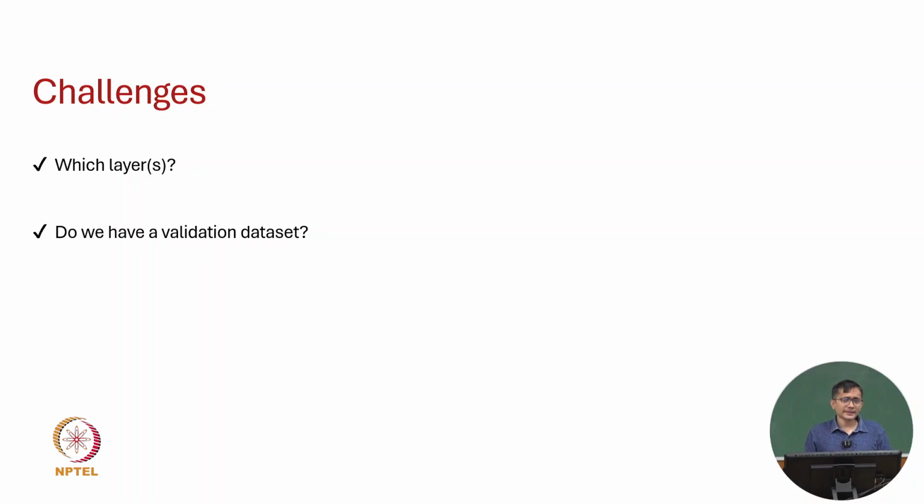There is also a related question: do we have a validation data set? Maybe we have some sort of validation data set where we could do some experiments, some control experiments to decide which layer to extract the feature from.